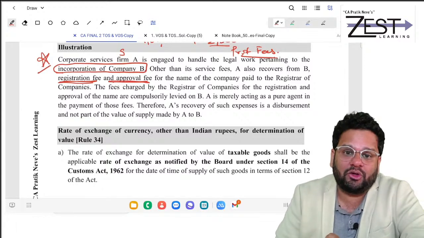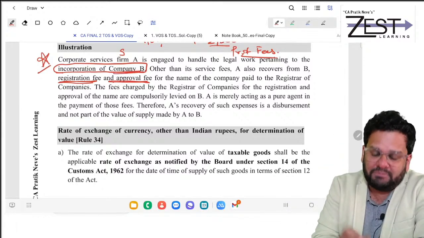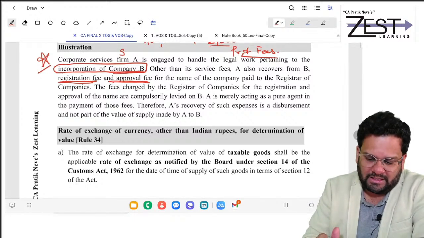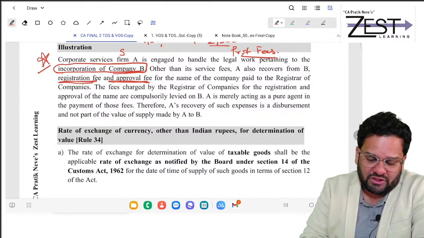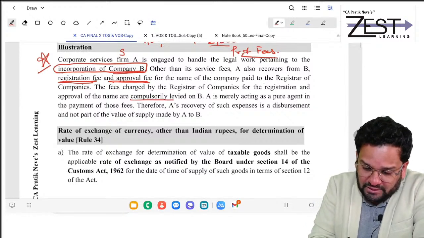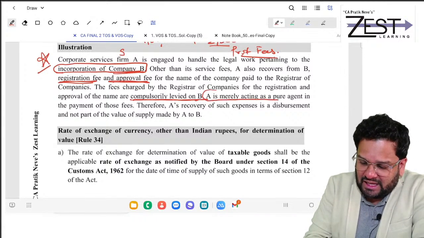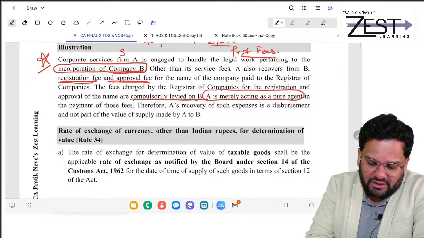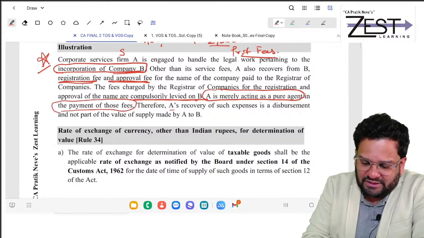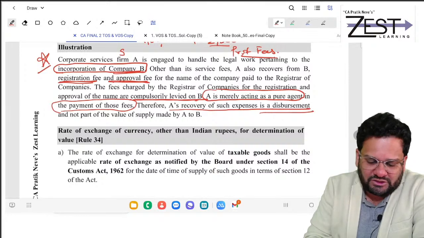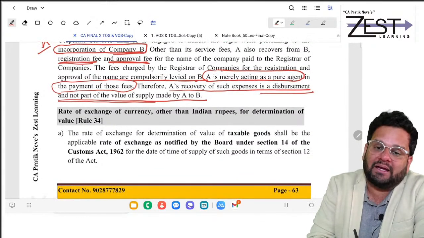Government charges are paid on whose behalf? Government charges are paid on behalf of company B. Getting it? The fees charged by ROC for registration and approval of name are compulsorily levied on B. A is merely acting as pure agent in payment of those fees. Therefore, A's recovery of such expense is a disbursement and not part of value of supply made by A to B.